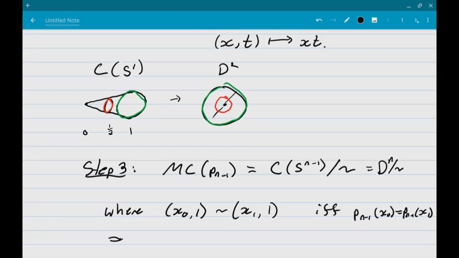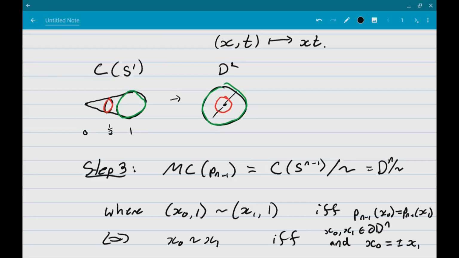That's exactly the same as saying that x0 is equivalent to x1 if and only if x0 and x1 are on the boundary of the disk, and using the definition of the P_(n-1) map, you're just identifying antipodes. It's a Z2 action.